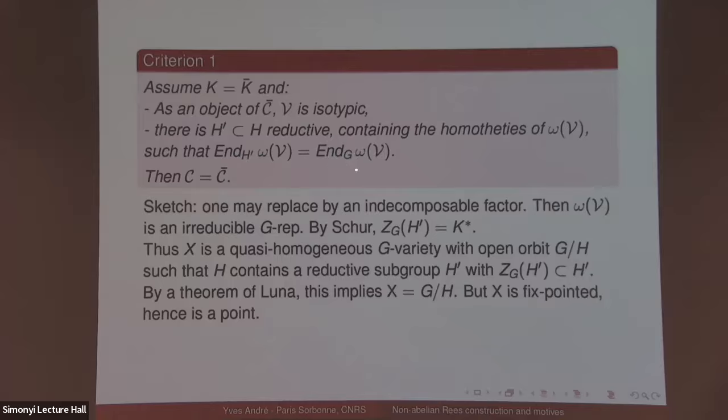So this is the same as the endomorphisms of this object in the category C bar. The conclusion is that C is semisimple, X is a point.